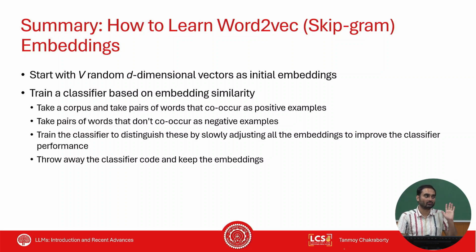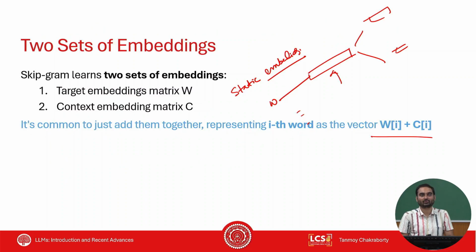What is the difference between a count based approach and a prediction based approach? Count based approaches include TF-IDF and raw count, and prediction based approaches are like Word2Vec, right? What are the differences? Count based approaches create this matrix one time. You just scan the entire document and create the matrix, and you are done.